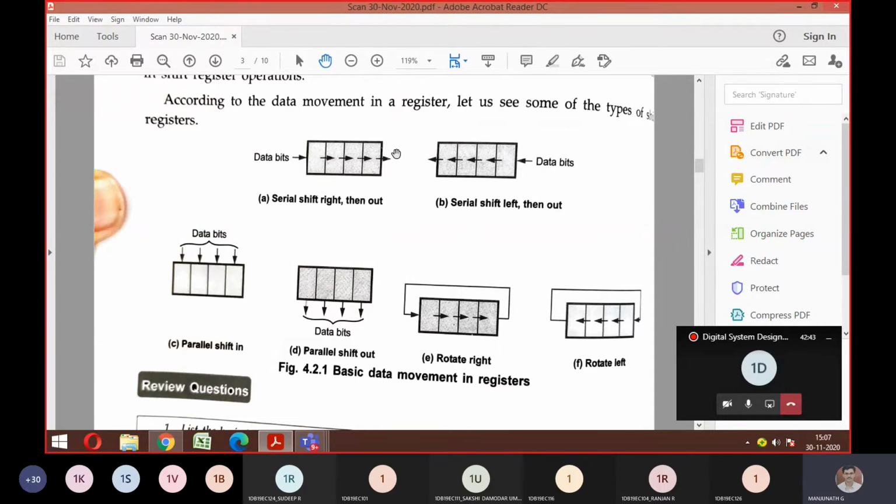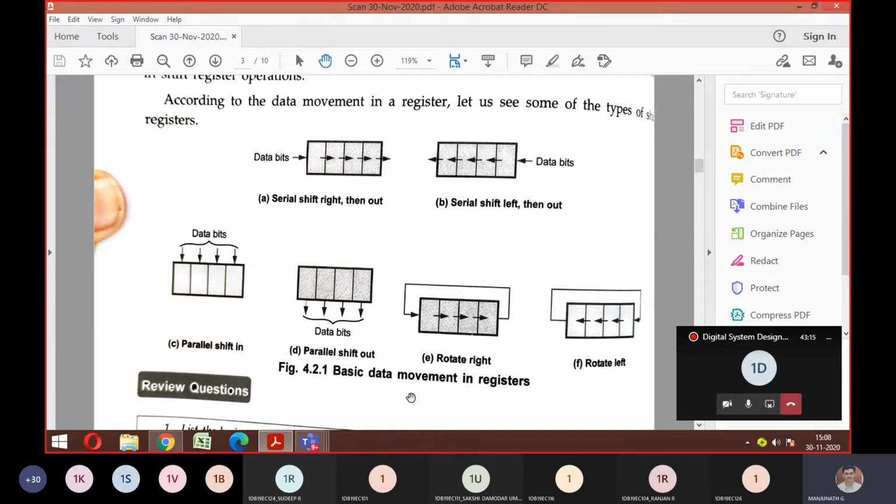Similarly, just as we can transfer the information serially, in the same way we can transfer it in parallel also, right? For that they have shown a diagram here. Parallel shift in: how we can feed the inputs in parallel, all at a time. Similarly, parallel shift out: whatever you have sent in parallel, the same thing will come out. The last option is the rotate operation, whether you want to rotate left or right.